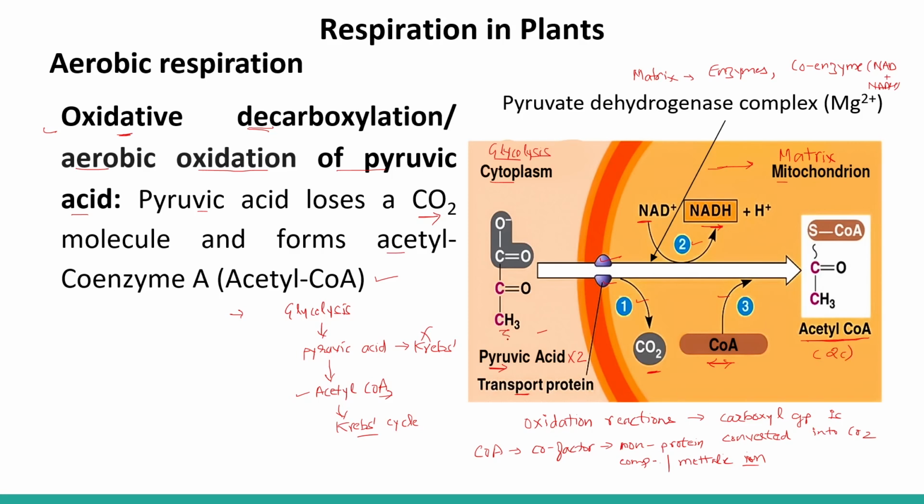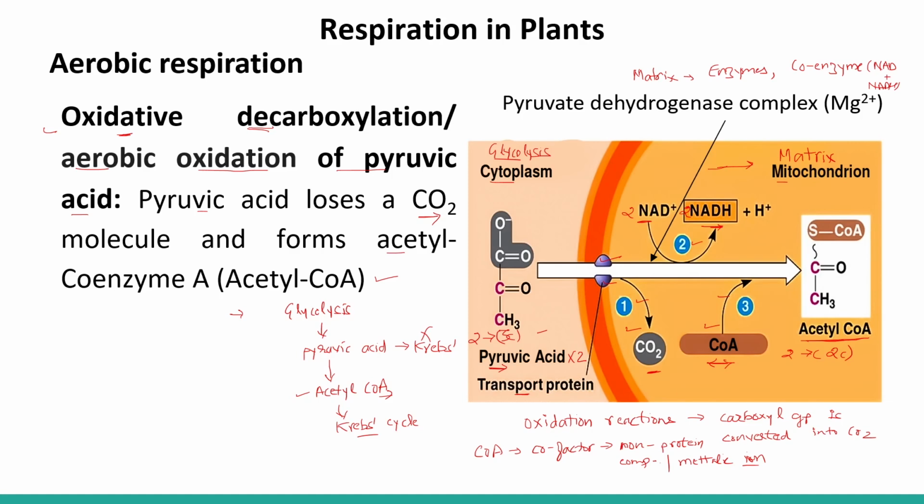So from a 3-carbon compound, the 2-carbon compound acetyl coenzyme A is produced. Again, 2 molecules of pyruvic acid were produced, so 2 molecules of acetyl coenzyme A will be produced, 2 molecules of carbon dioxide will be released, 2 molecules of coenzyme A will be added, and 2 molecules of NAD plus are converted into 2 molecules of NADH.